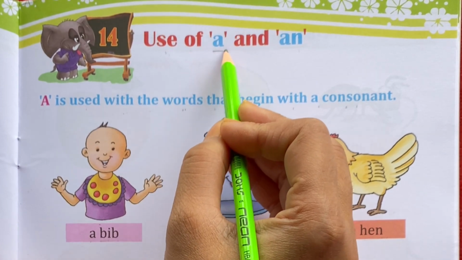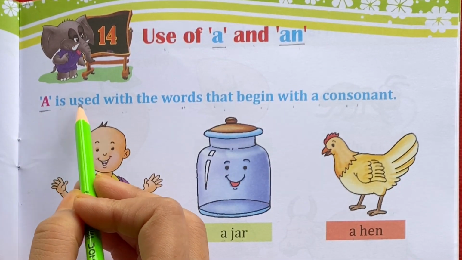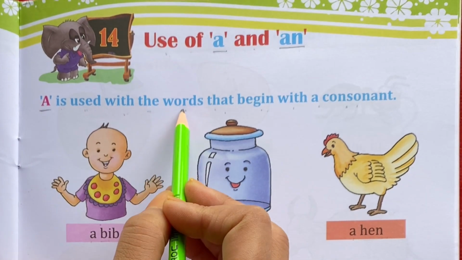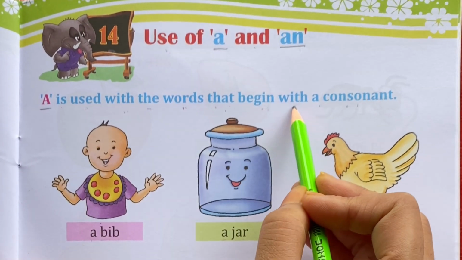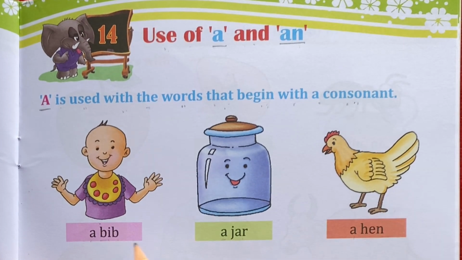Use of a and an. A is used with the words that begin with a consonant. Now let's see some examples.